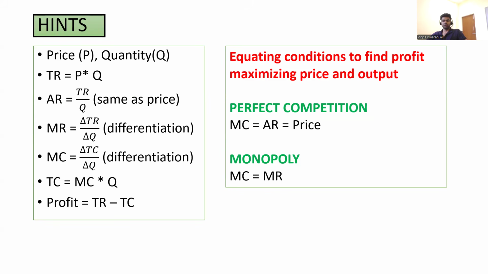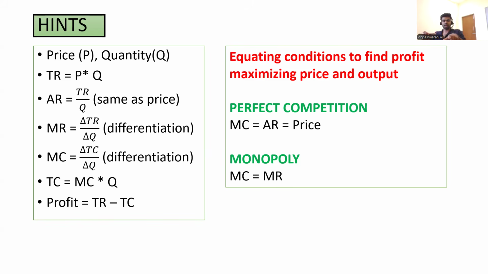So in perfect competition, you have to remember only one thing, that MC is equal to AR. In monopoly, you have to remember MC is equal to MR. If you remember these two things, there is nothing else to memorize, and we can easily solve this question.